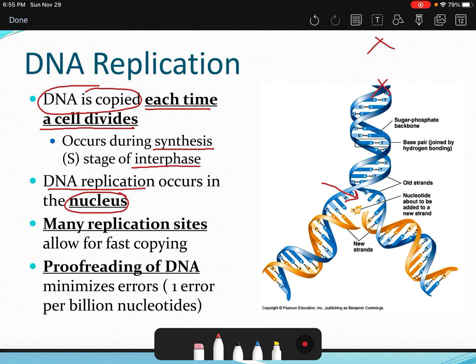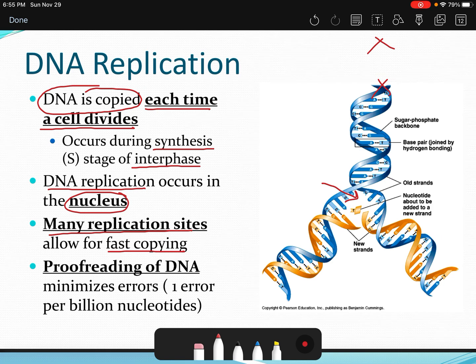That's more like what DNA replication is: you have helicase moving at different spots, opening up these places so that different parts of the DNA are replicated at different times, and that makes it a lot more efficient. So lots and lots of replication sites so that you can have faster copying of the DNA.